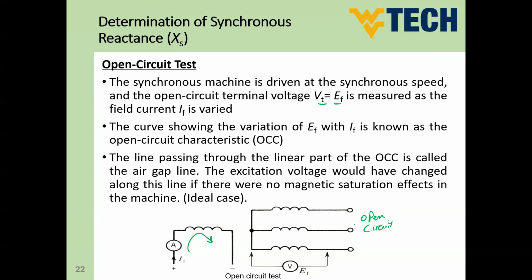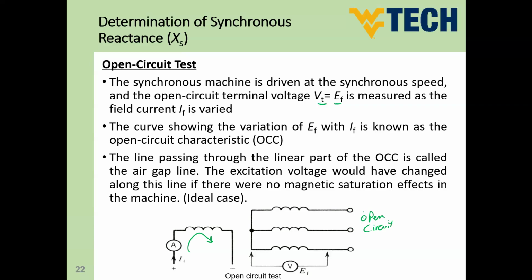However, sometimes in our test, we may not have access to the phase value. You can have access sometimes only to the line to line value. So you may find some tests where you have the line to line values, and you need to convert that to a phase value in case of Y connection. So you have to divide over root 3.